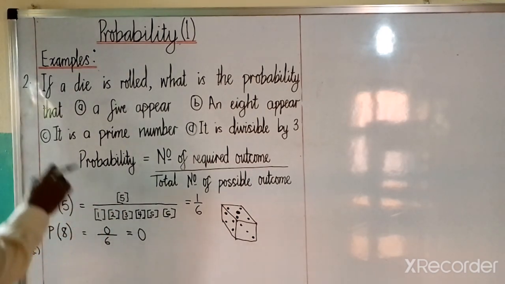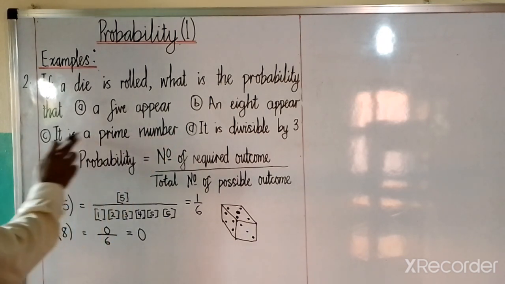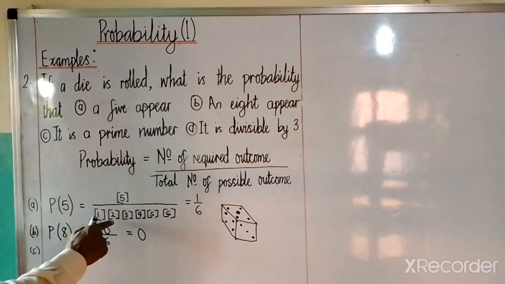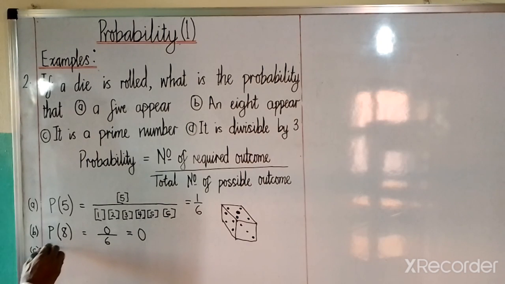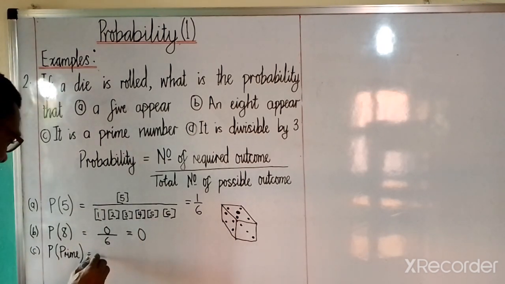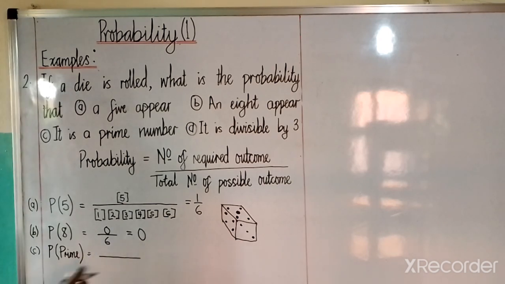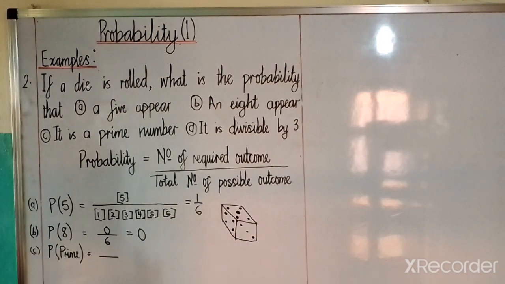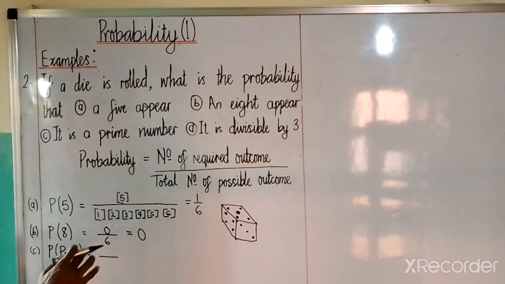Then C, probability that it is a prime number. So what are the prime numbers here? The prime numbers are 2, 3, 5. Remember my song of prime numbers: 2, 3, 5, 7, 11, 13, 17, 19, 23, and 29, 31, 37, and so on.